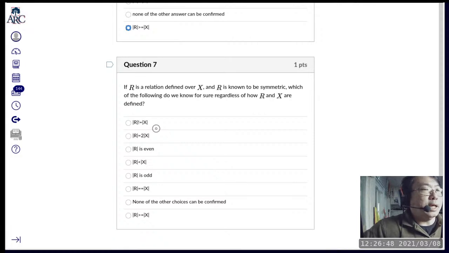Okay, so the cardinality of R can only be as big as the square of the cardinality of X. That puts an upper bound on it, and that's for every single relation.